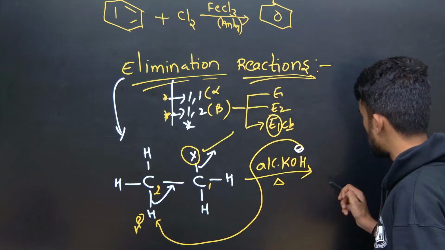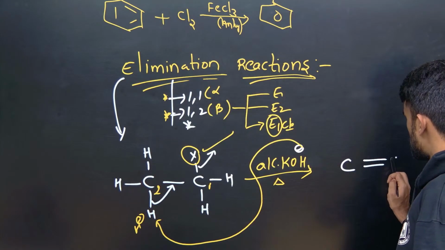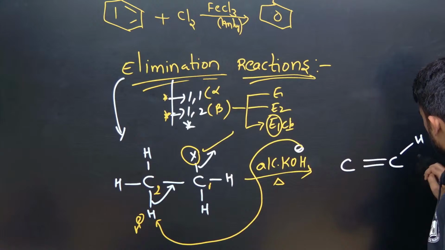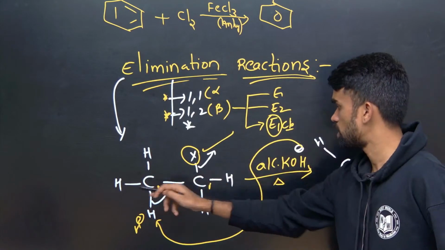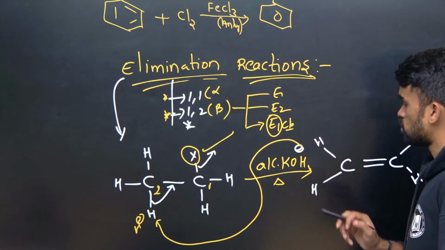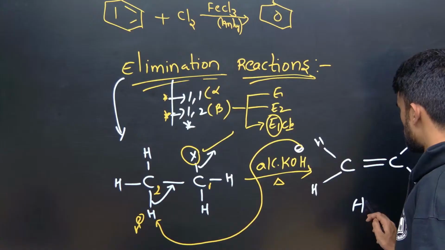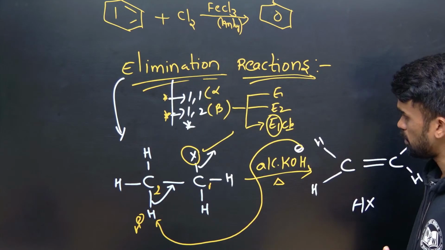So what are we getting finally? C double bond C, with the remaining H's here, here also H and one more H. What groups did we remove? One is H and X. You can simply write HX, just to understand what was eliminated from there.